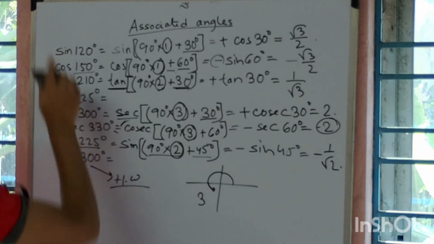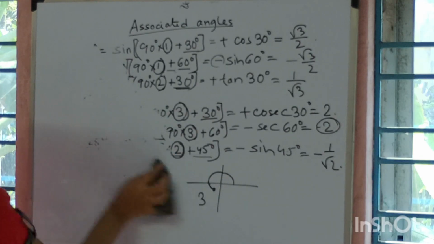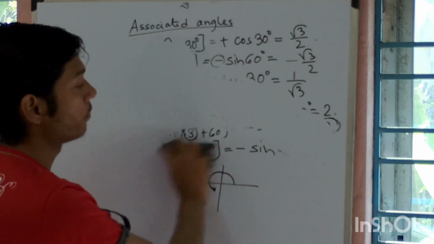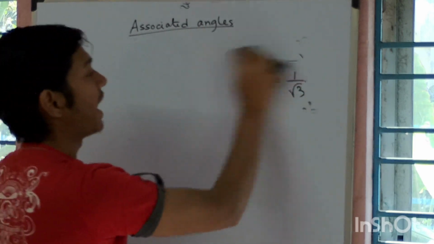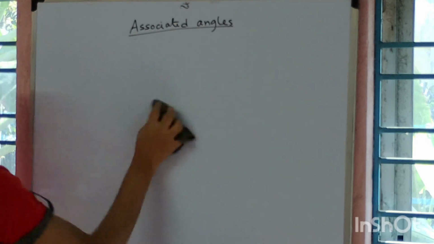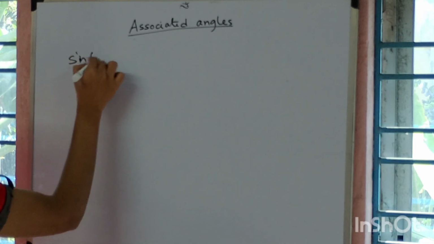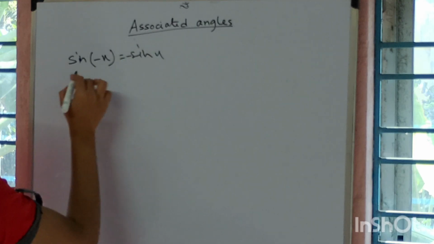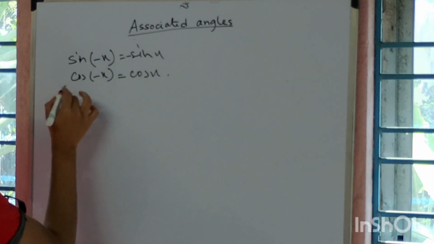Okay. So in this manner, you can easily find out sine, cos, or any trigonometric function of any angle. Any angle you can find out. Now look at this. You should know this one. Sine of minus x equals minus sine x. Sorry, cos of minus x equals cos x.